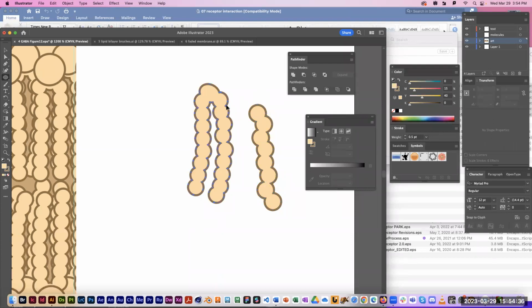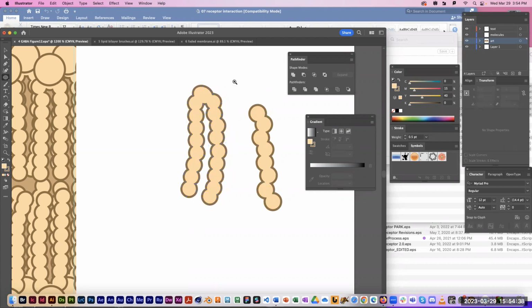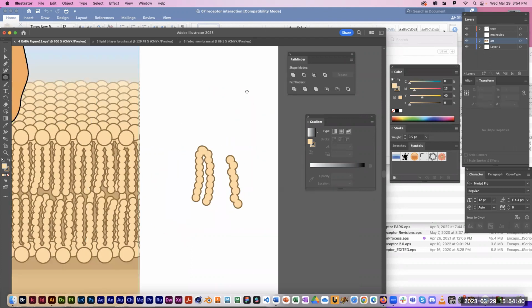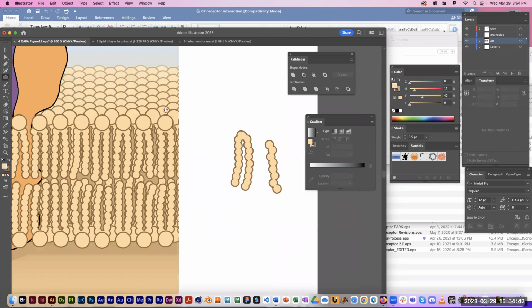So that's how I created these lipid tails. It's just a bunch of circles, and then use the Pathfinder. So I feel like that's still capturing a little bit more accurate sense for what a phospholipid really looks like, but without being as busy as the one that I showed you previously.